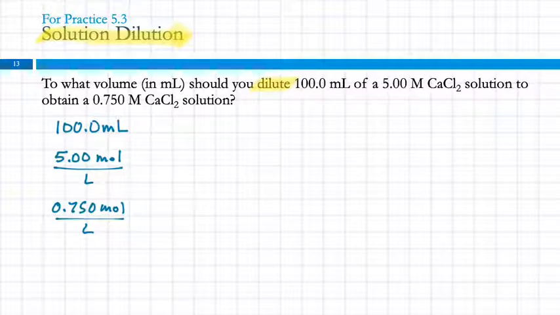So diluting, I'm going to use the dilution equation. Molarity 1 times volume 1 equals molarity 2 times volume 2.